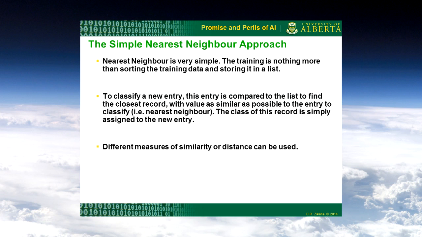So the first one, k-nearest neighbors, is a very simple one. It's actually what we call lazy learning. The machine is lazy. It will not actually build anything very sophisticated. How does it work? Basically, when you train it, you give it the data that has been labeled. The only thing it does, it just sorts them in one way, using, for example, a similarity measure to put those that are similar to each other close together.